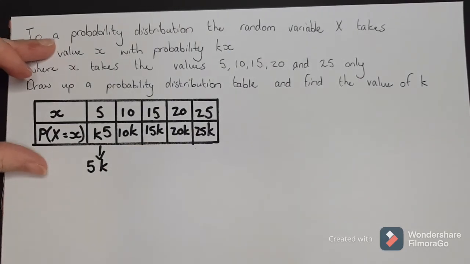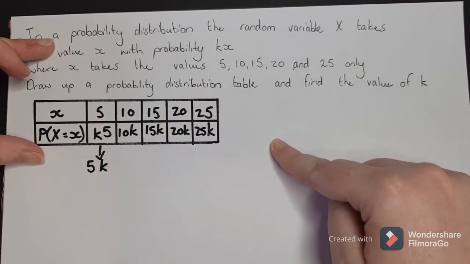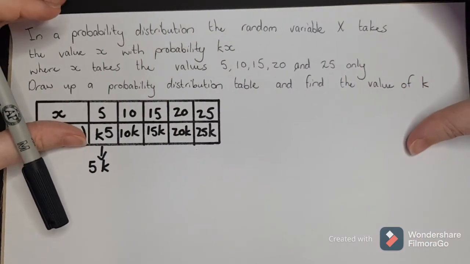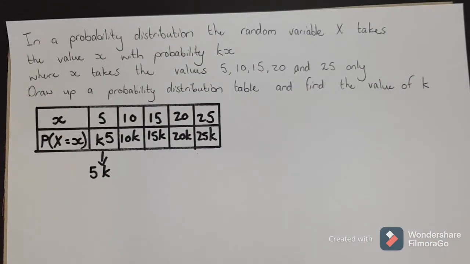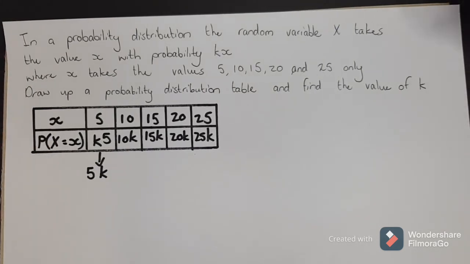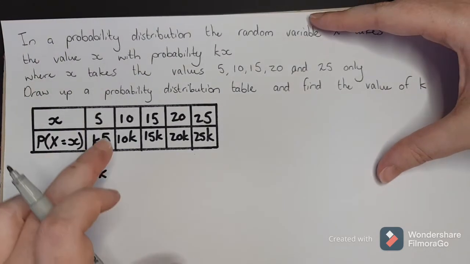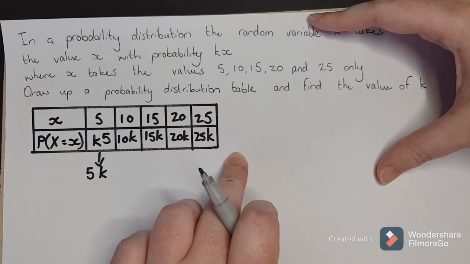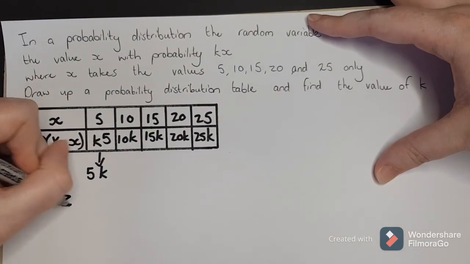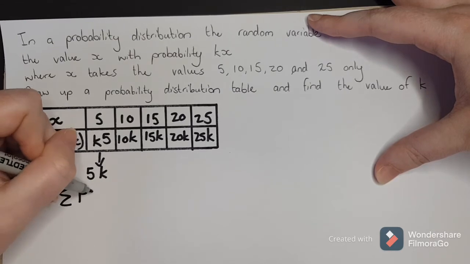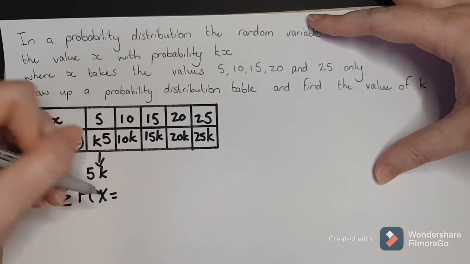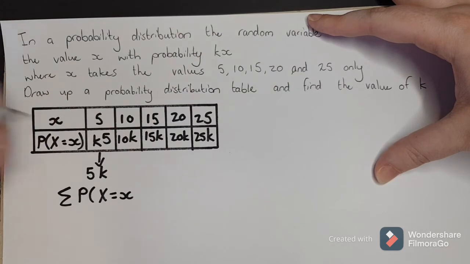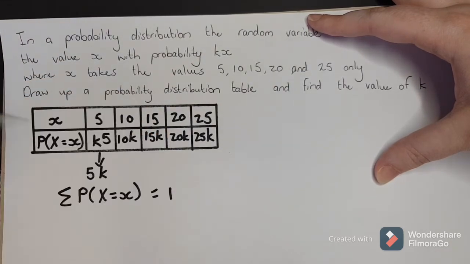Okay, now all the probabilities in this table always add up to 1, because you know that all the outcomes for a specific probability always add to 1. So because we know that information, we can find the value of k by saying all of these summed together equals 1. So we can say the sum of the probability for our x variable equaling a small value of x equals 1.